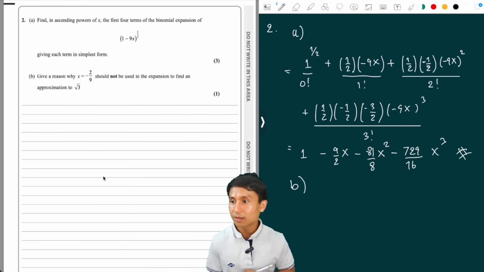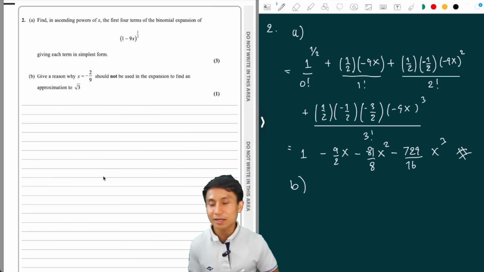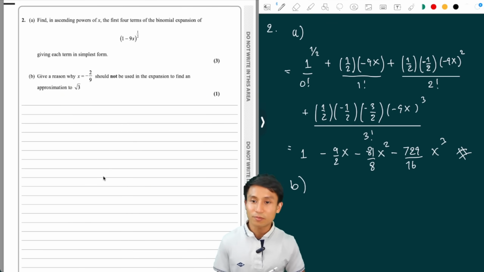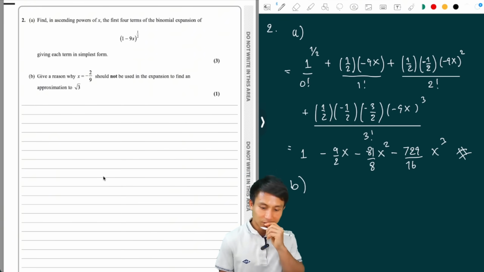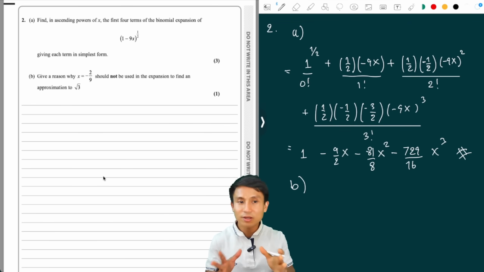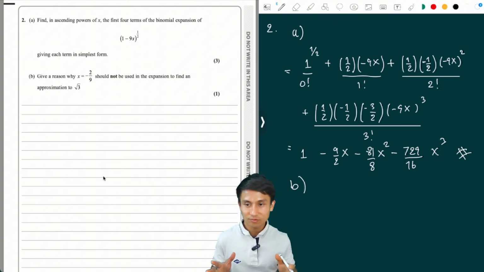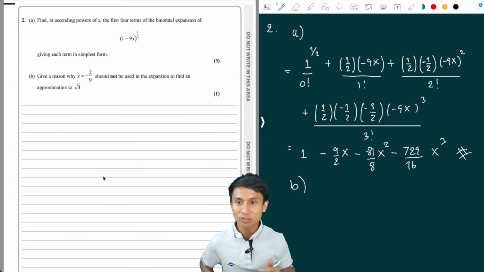That's part A. Part B, give a reason why x equals minus 2 over 9 should not be used in the expansion to find an approximation to root 3. Okay, so there is a very condition that you need to know, right? Because you are required to know this.